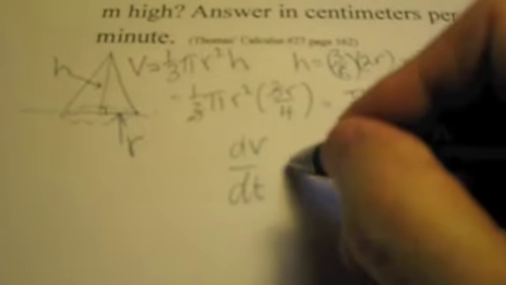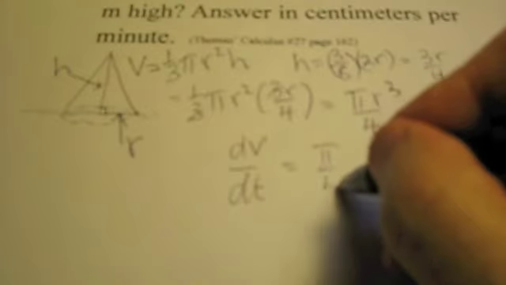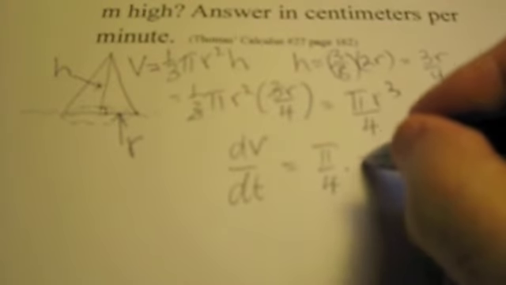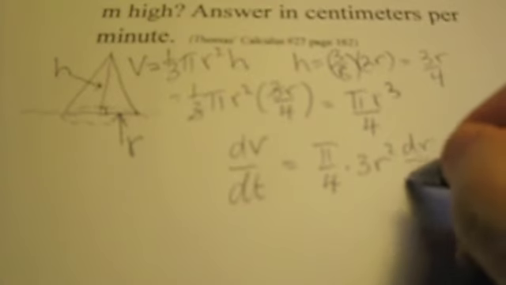So when we do the derivative of this with respect to time, we need to treat this radius as a function of time. The pi on 4 is a constant, and we get 3 r squared dr on dt.